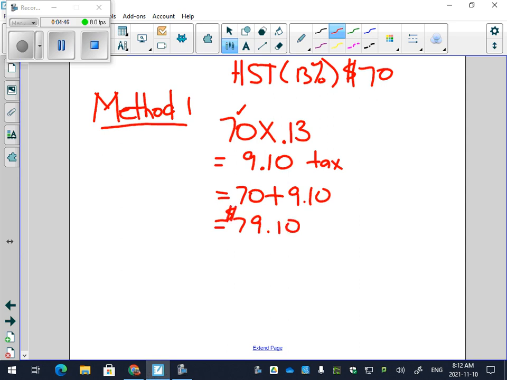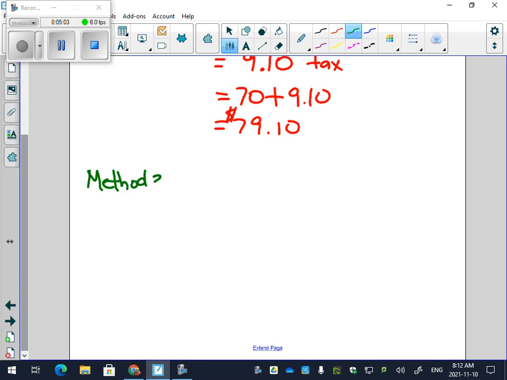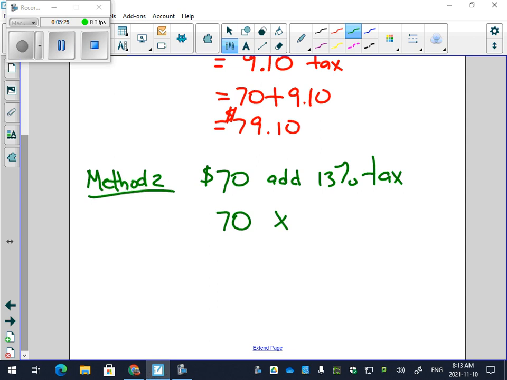So that's method one. That's the work it out long way, show all your steps. But there's another way to do it. I'm going to call it method two. In this case, we know we have to pay 13% extra. So again, it's a $70 item, and we have to add 13% tax to it. Now, watch this. We can take the price and multiply it by the decimal 0.13.